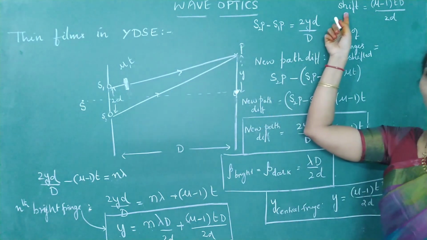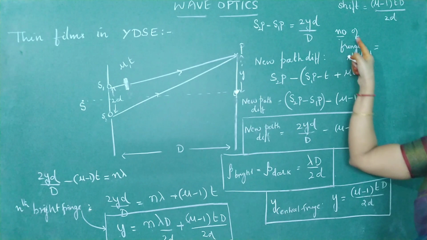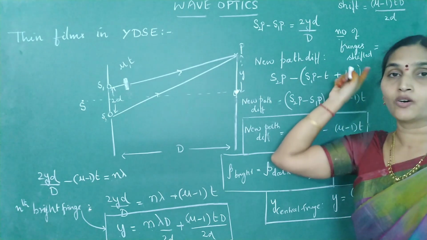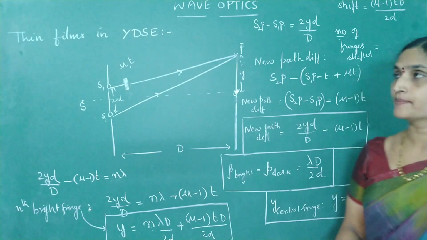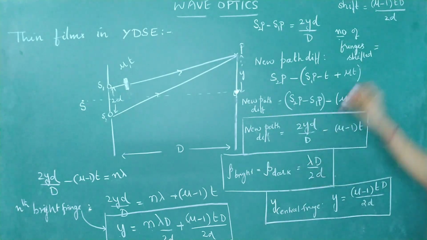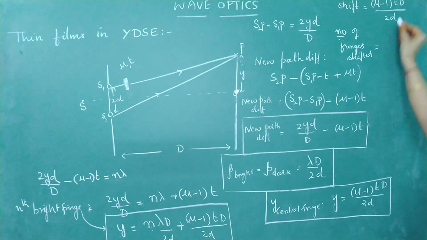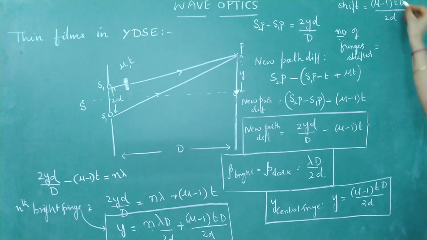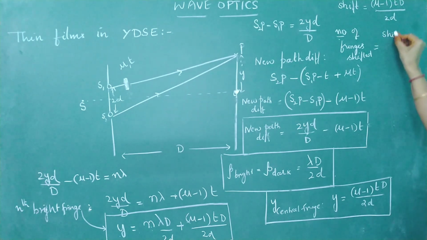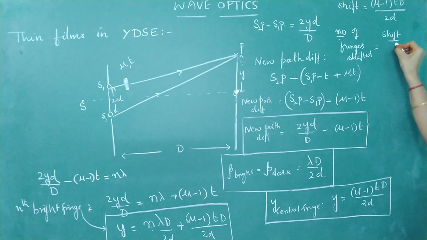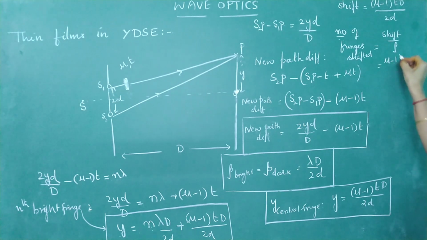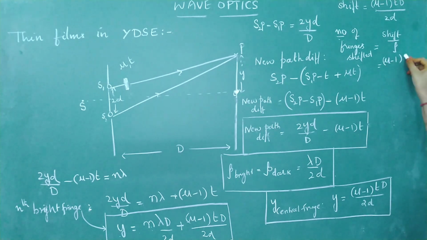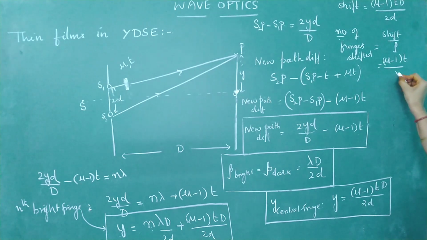We know this is the total shift, so divide it by the fringe width beta, lambda capital D by 2d. Shift divided by beta will give you the answer as (mu minus 1) t by lambda.